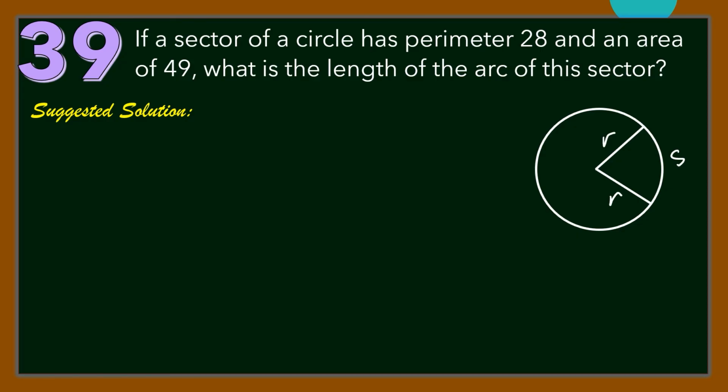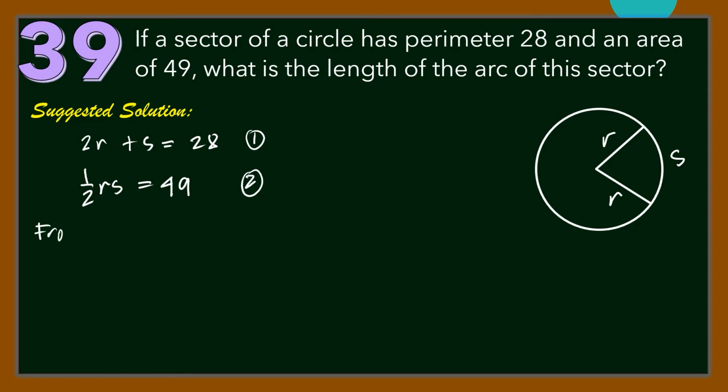Since the perimeter is 28, we have 2R plus S equals 28. And the area is 49, then we have 1 half RS equals 49. Let 2R plus S equals 28 be our equation 1, and 1 half RS equals 49 be our equation 2.